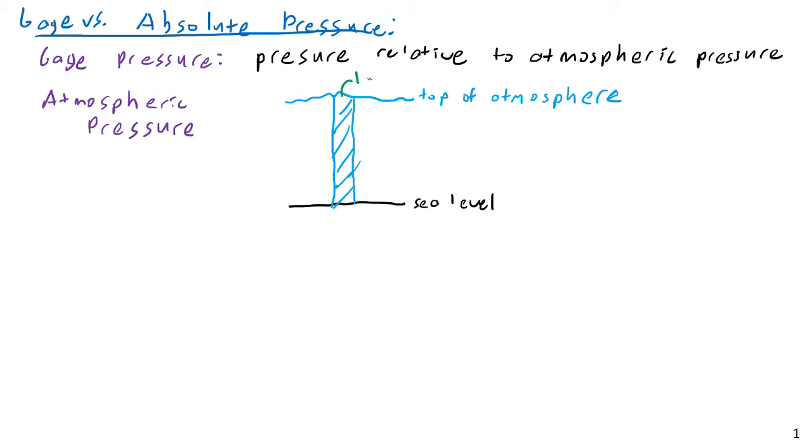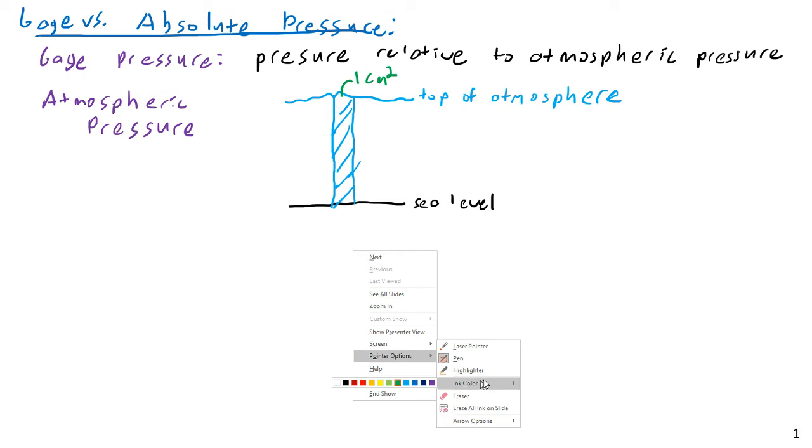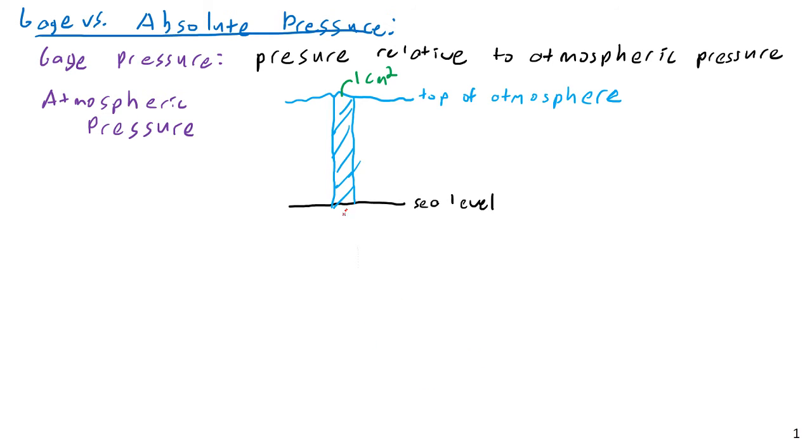And the area of the cylinder, let's just say it is 1 centimeter squared. If we could somehow measure this directly, we would find that there is a mass of about 1 kilogram, or a weight of 10 newtons. Hey, that's not that much, right?